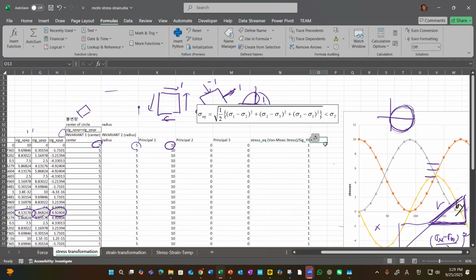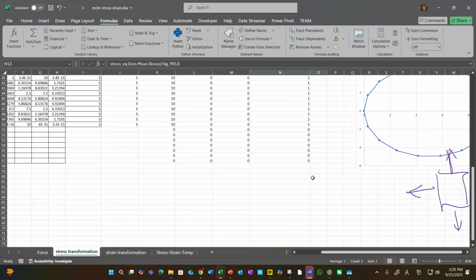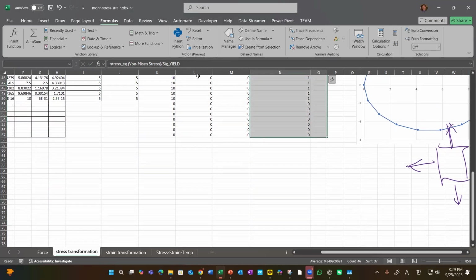And then let's say we like to say safety factor will be... 네, 항상 이름을 먼저 줘야 되는데 자꾸 내가 까먹네.